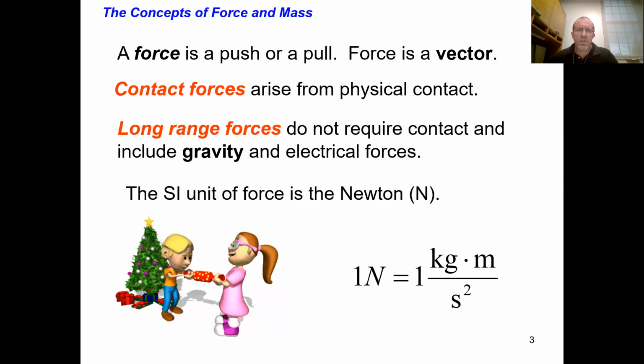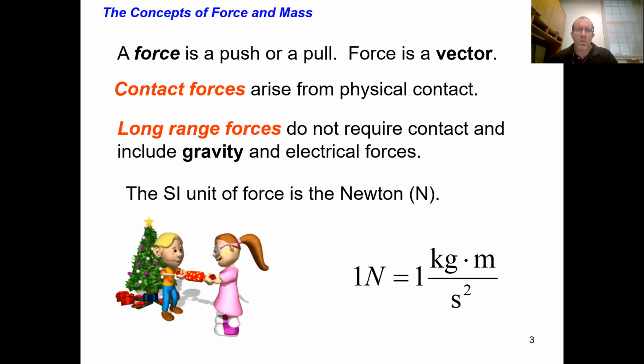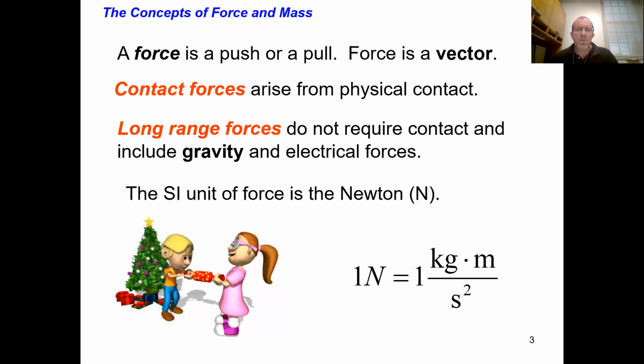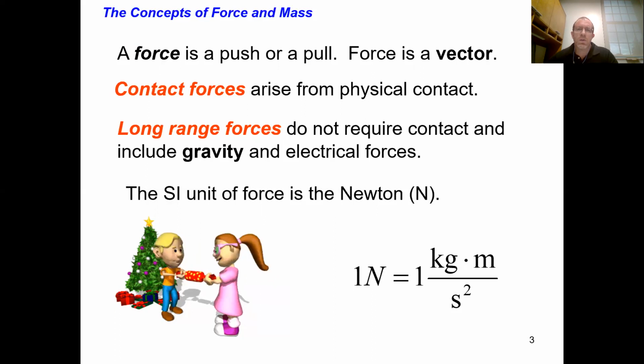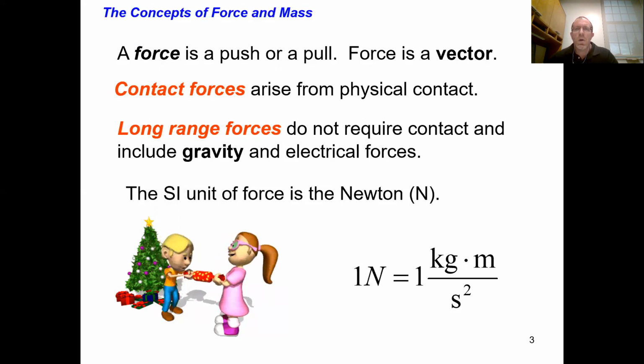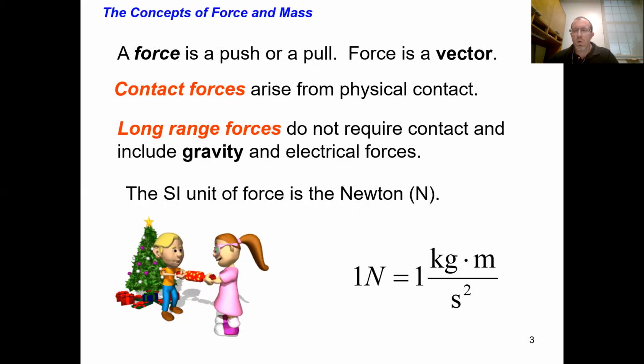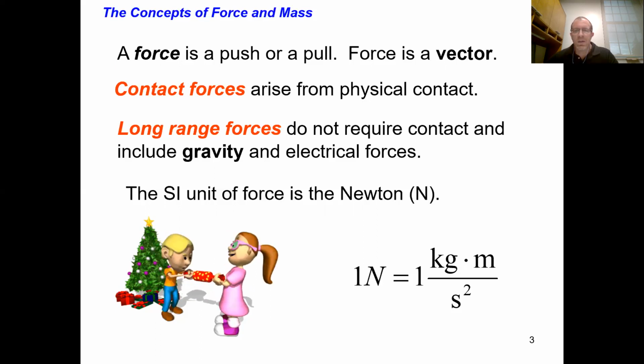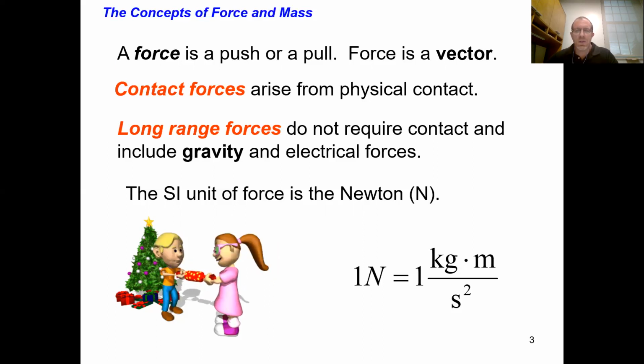In first semester physics, the only long-range force we deal with is gravity. Everything else is a contact force. So for instance, me pushing on you, or maybe the floor pushing on me as I stand up, or the chair pushing on me as I sit here.